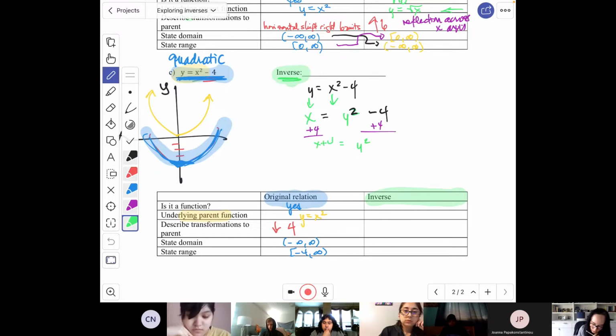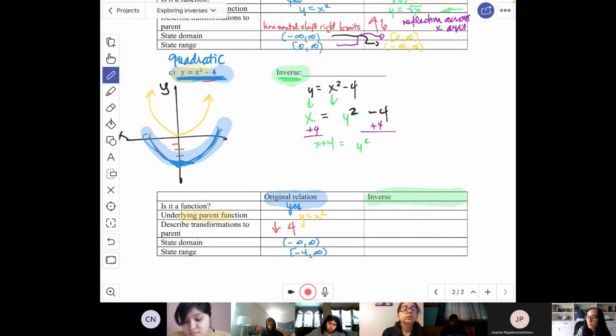And then what would I do to solve for y? Square root them. Yes, you would square root each side.